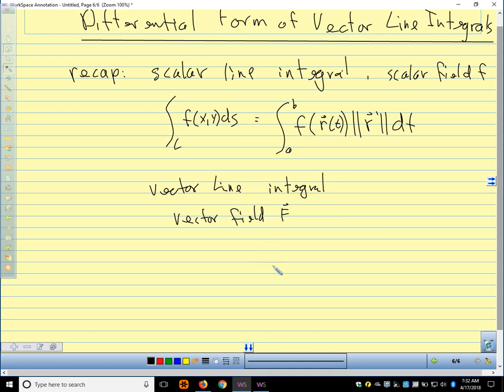Our vector line integral, the integral over our curve of f dot dr, is the integral over our curve of f of r of t. We represent our force in terms of our parameterized curve. I should put this as a to b once we parameterize the curve. Integral from a to b of f of r of t dot r prime of t dt. So these are very similar.